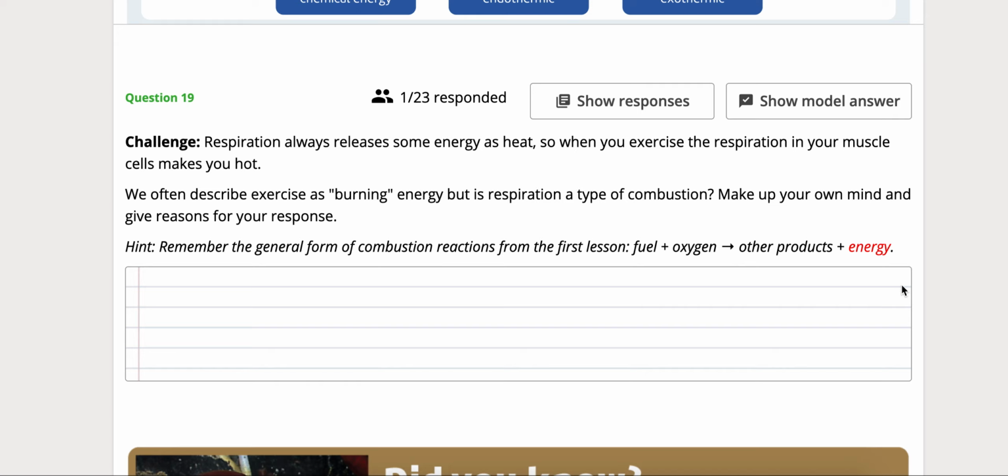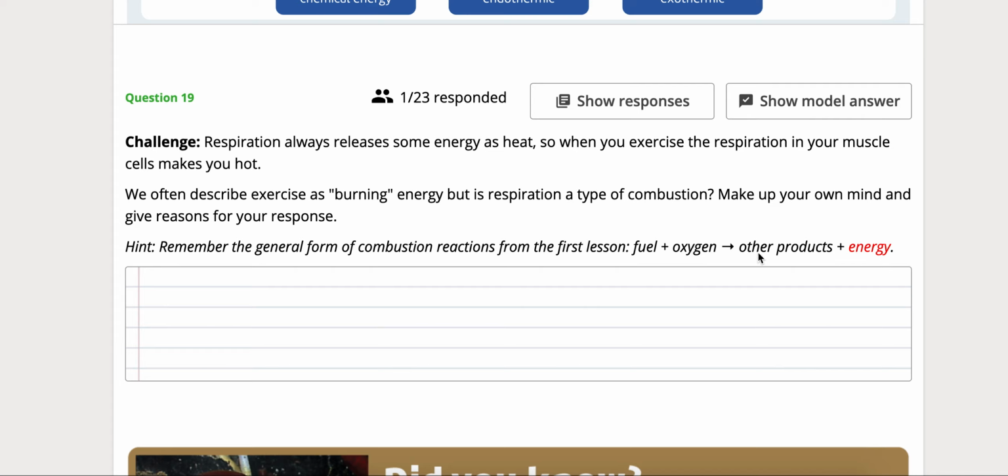Hopefully with question 19, you start to consider, okay, what do I know about combustion reactions? Well, I know that combustion requires a fuel, and it needs to interact with oxygen. And as such, those products that are formed give us the products and energy itself.